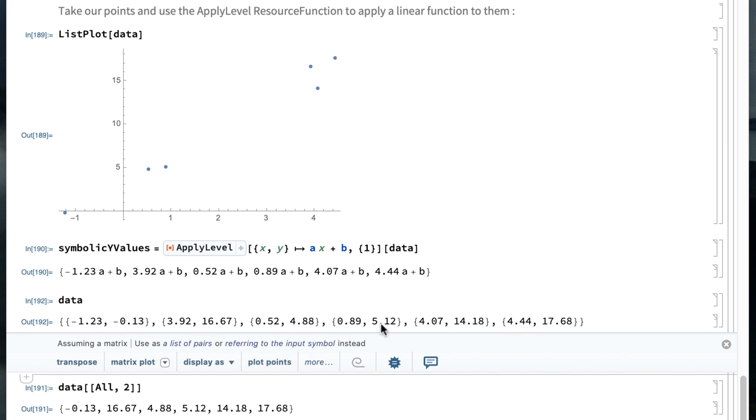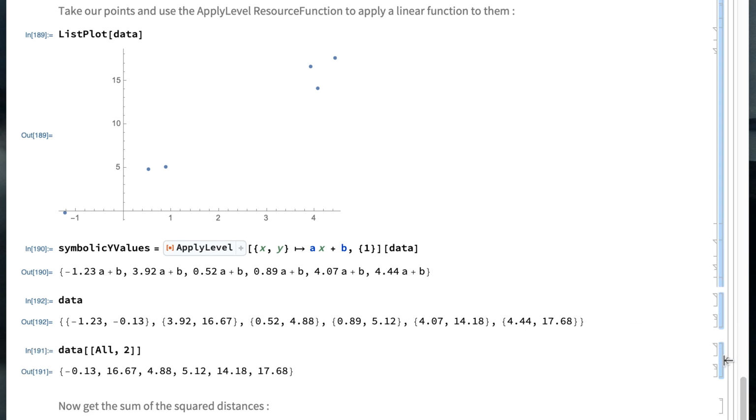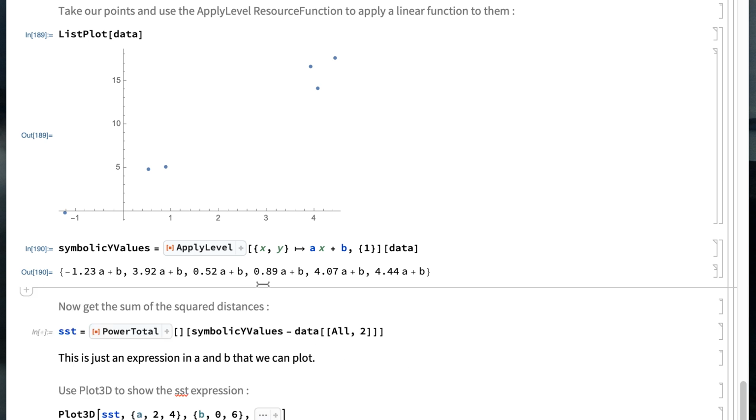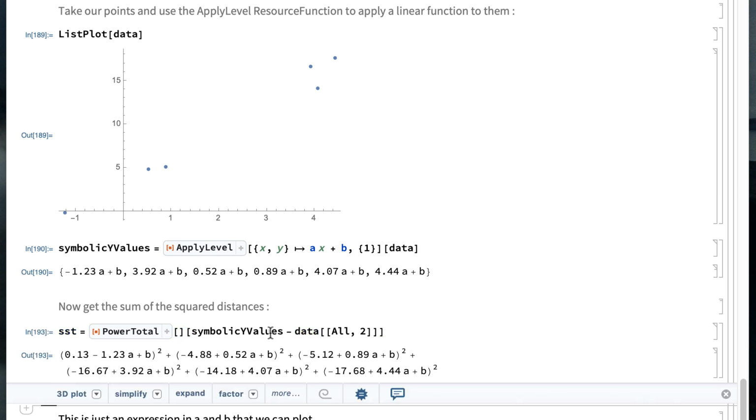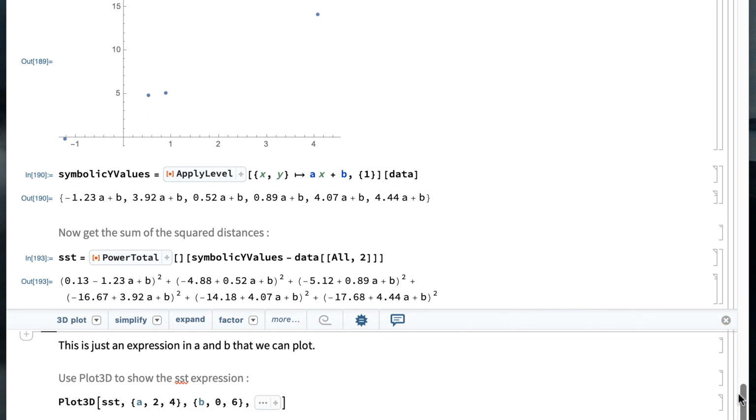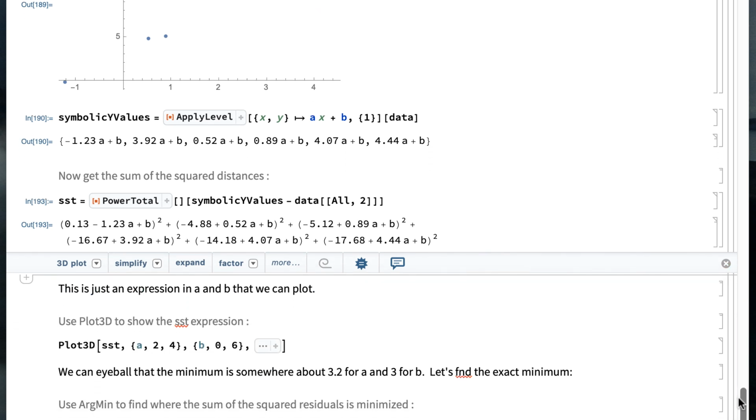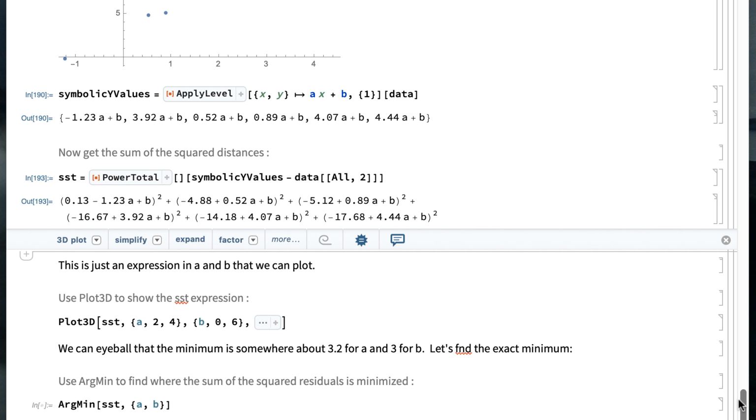So what I'm doing is taking the difference between what our model predicts symbolically and reality, and then I'm going to take, remember, PowerTotal, that's a resource function with no argument right there, takes the sum of the squares, and we'll call that SST. So we now have an expression in A and B that represents the sum of the squared residuals.